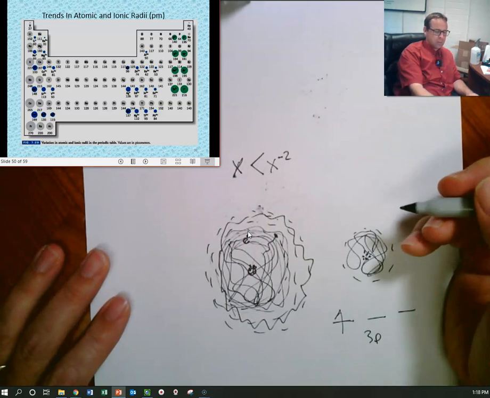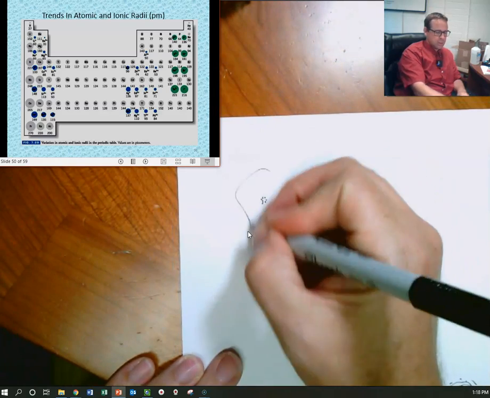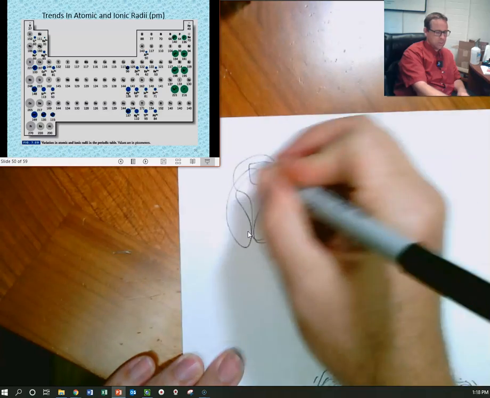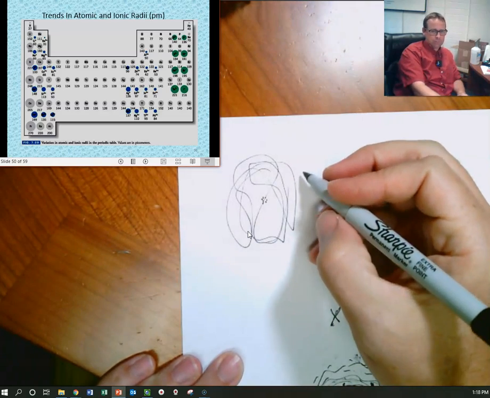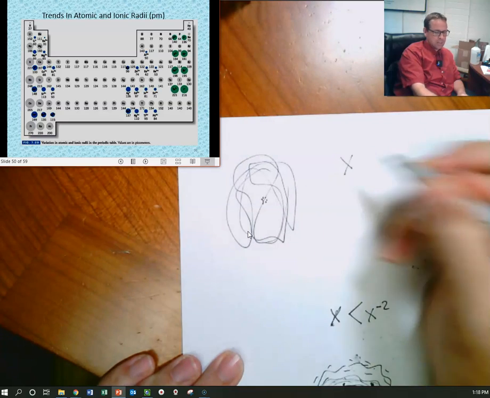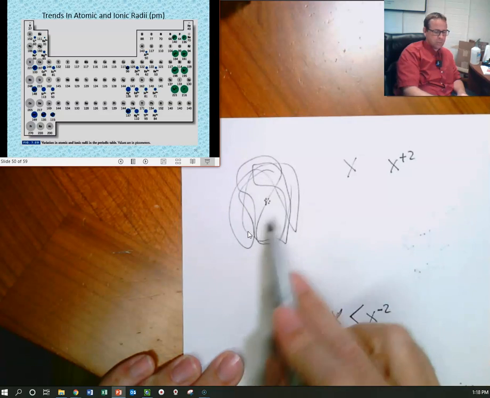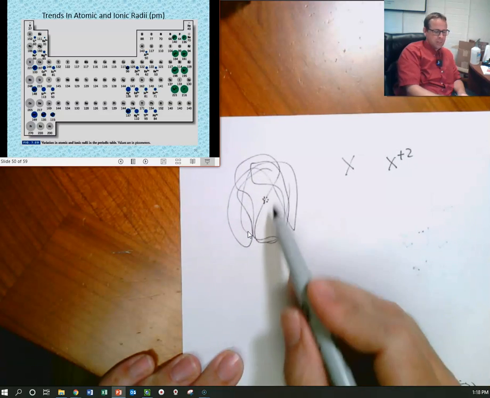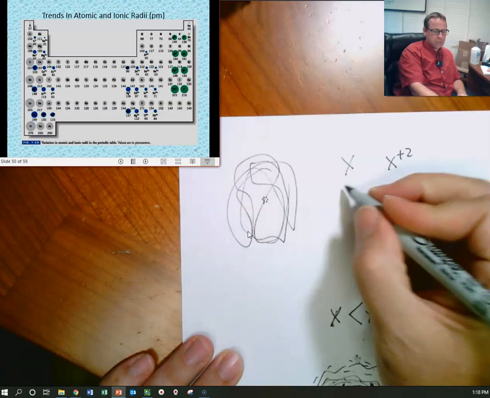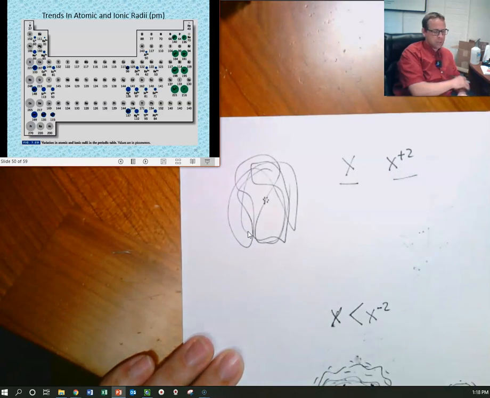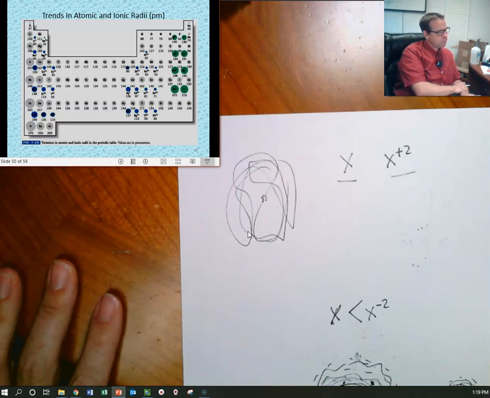Now, a different scenario. Maybe I have a family with some parents and a number of children doing their thing, but then let's say a couple of them had to stay home. So here's X, and then X with a positive 2 charge because 2 of those electrons are now missing. How would the size of that atom change? Which one would be larger, X or X where 2 kids had to stay home?